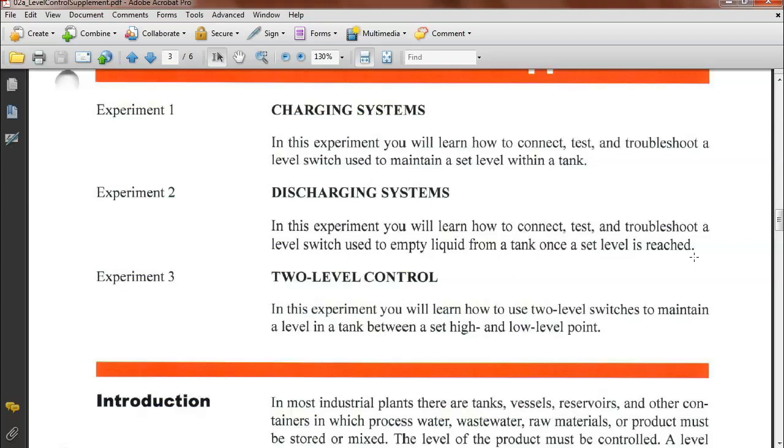So charging system, what's a charging system? Discharge system.